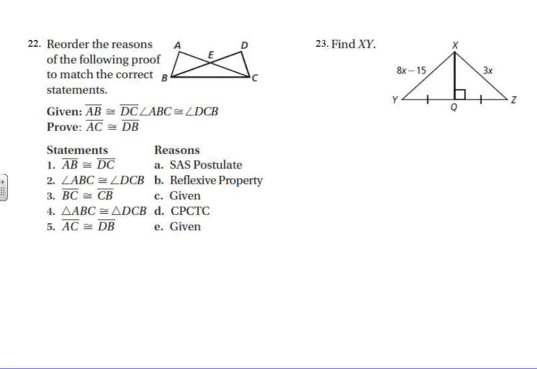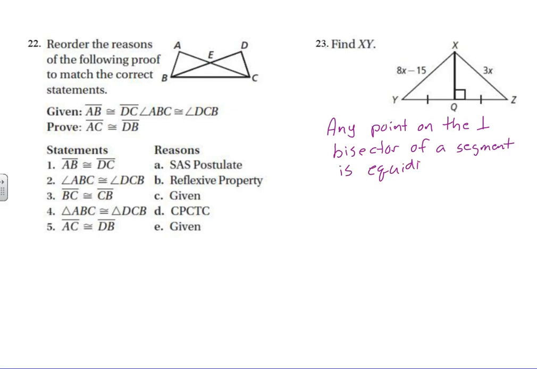Okay, a couple more. Let's do 23 first, and then we'll go back and do 22. Find XY. All right, so what we want to recognize is that here's the relationship. Any point on the perpendicular bisector of a segment is equidistant from the endpoints.